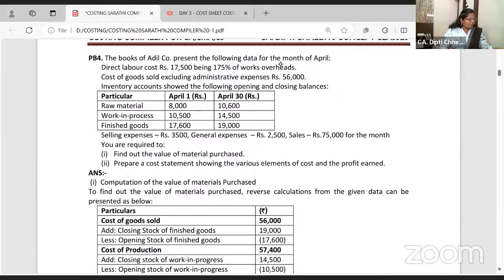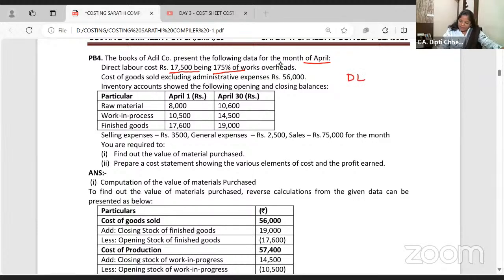The books of Adil Co. present the following data for the month of April. Direct labor is 17,500 and it is 175% of the works overhead. Everything is between cross multiplication.